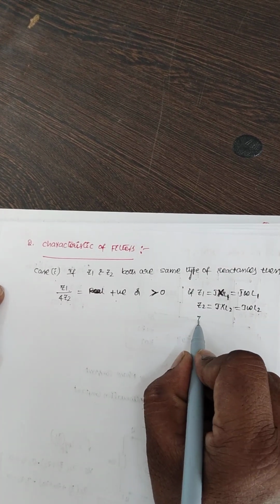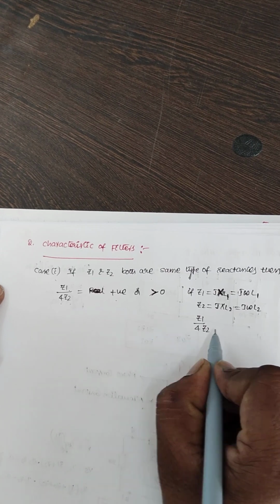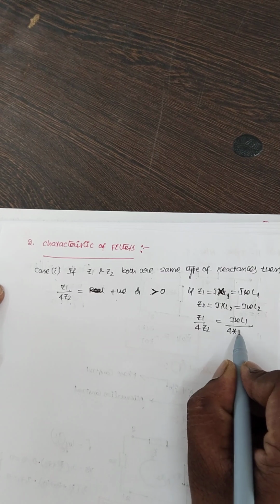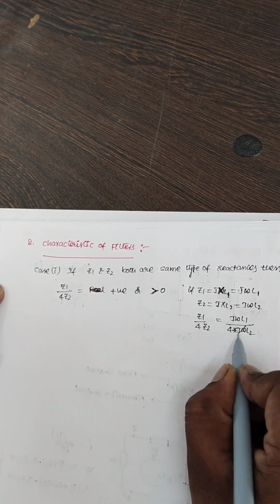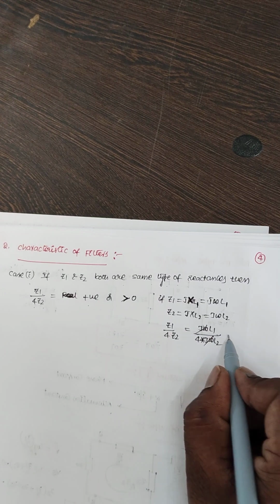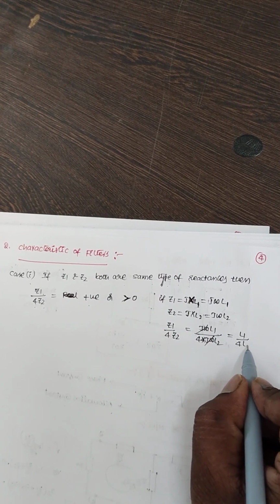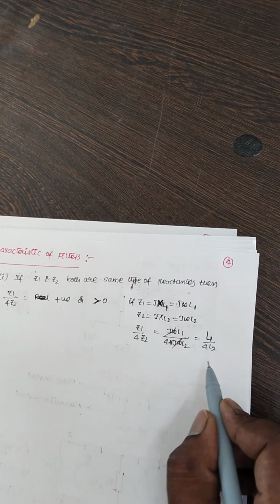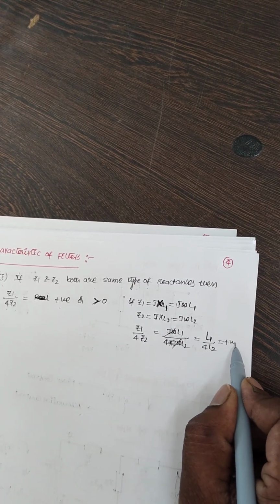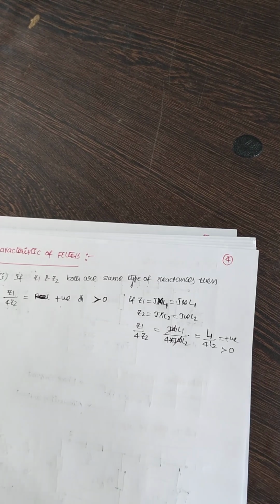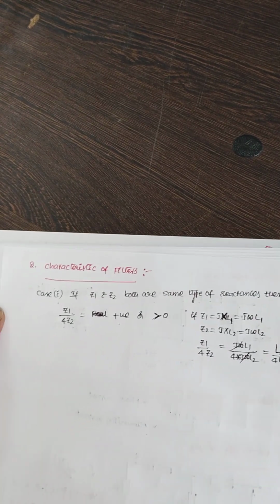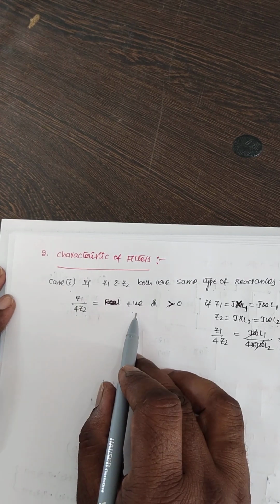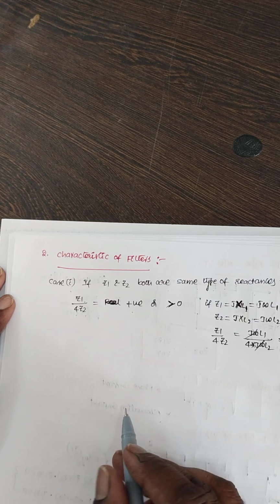Now Z1 by 4 Z2 is J omega L1 divided by 4 into J omega L2. This J omega will get cancelled here. It is finally L1 by 4 L2. We know that these inductances are positive, so it is positive only, that is greater than 0. Finally, what I want to say here is this Z1 by 4 Z2 value is positive, greater than 0.